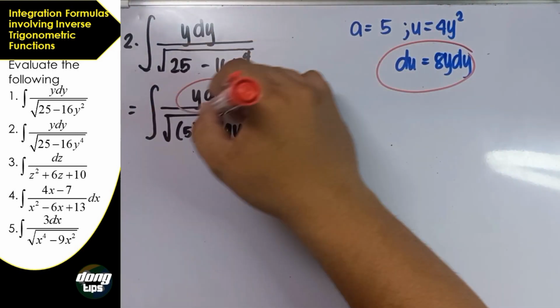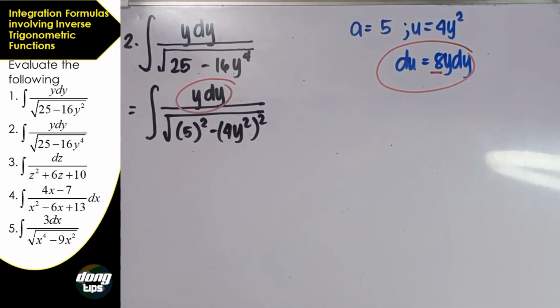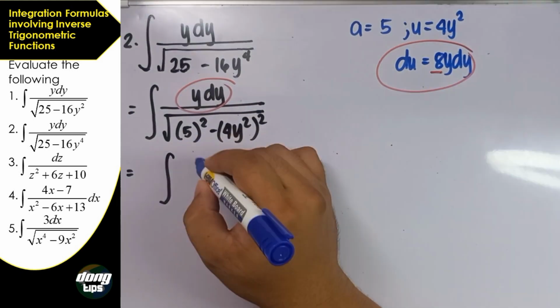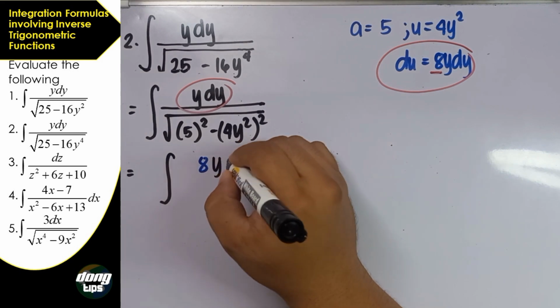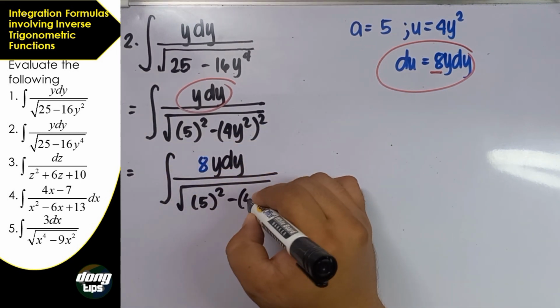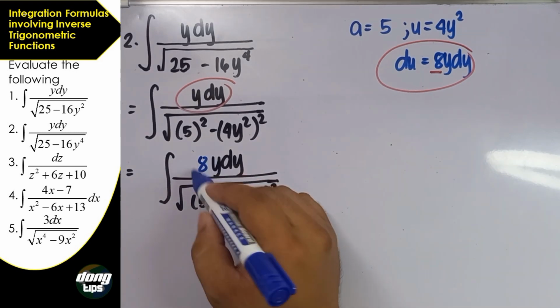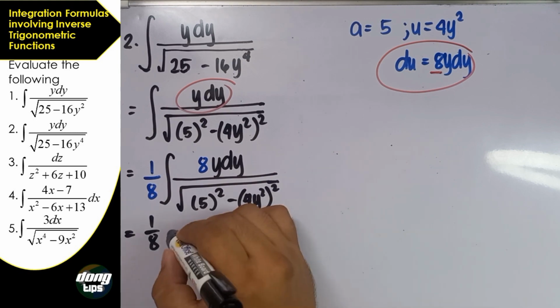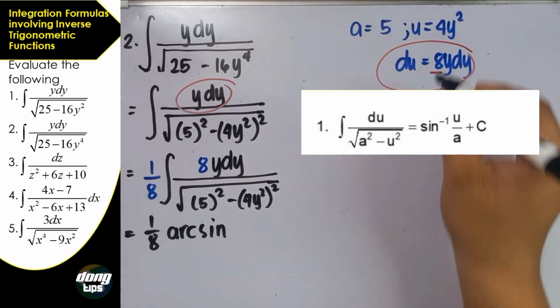As we compare the derivatives, we notice that they only differ with the coefficient of 8, so we can modify it. Since we added here a coefficient of 8, we must also add 1 over 8 at the left side of the integral sign. Copy 1 over 8, then use the formula from item number 1.